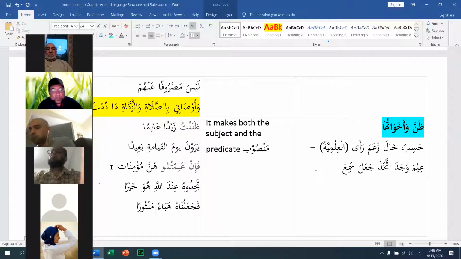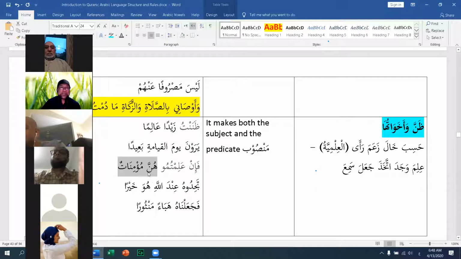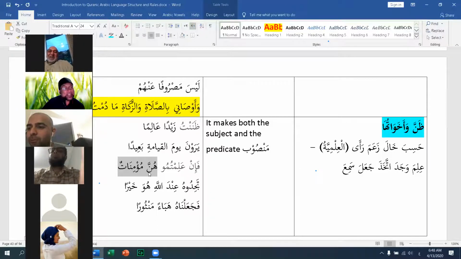That's the original form of the sentence. So we say hunna. This is complex. Let's see if anybody can do i'rab of this. Brother Abbas, give it a shot. Hunna mu'minatun. I'll make it easy for you. Hunna is mubtada and mu'minat is khabar. But I want you to do the i'rab now.